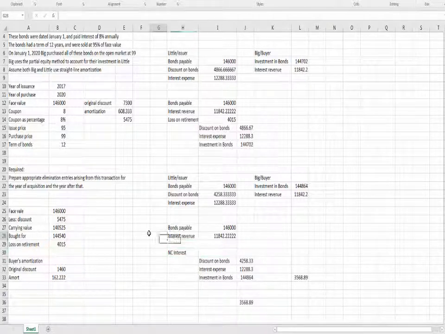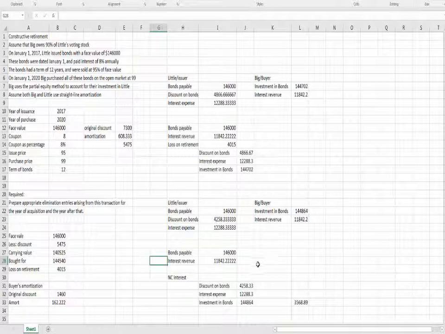Now again, this is a 90% owned subsidiary, so the non-controlling shareholders are going to get their 10% of that amount. The parent's share, we ask our second question, is the parent using the full equity method or the partial equity method?